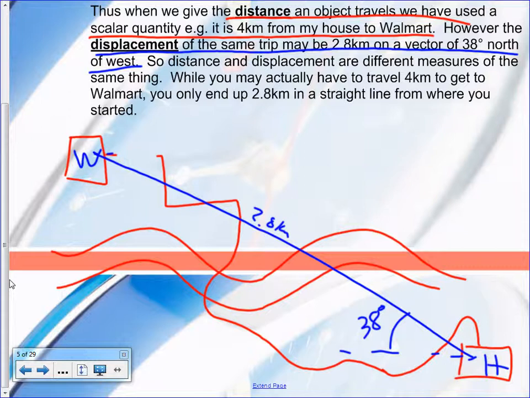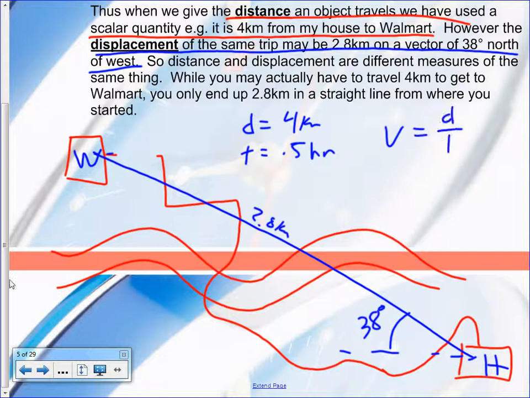So let's say that it takes me half an hour to walk to Walmart. Now I know that my distance traveled is 4 kilometers, and the time it took me is half an hour. How fast did I walk? What was my speed? Well, here's the formula.